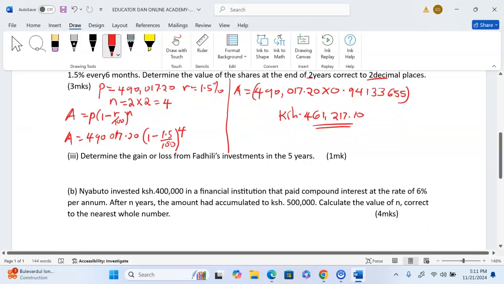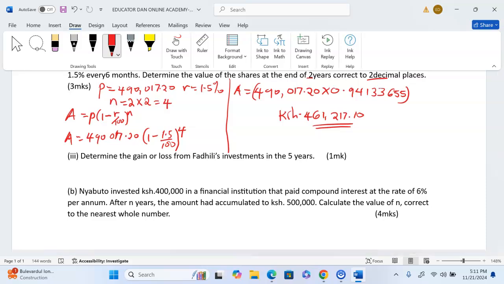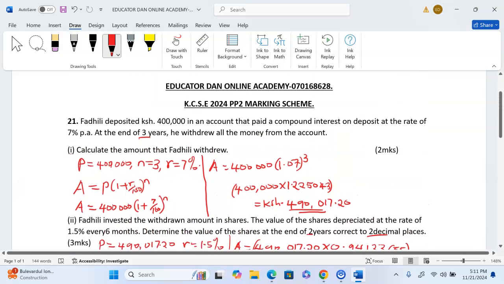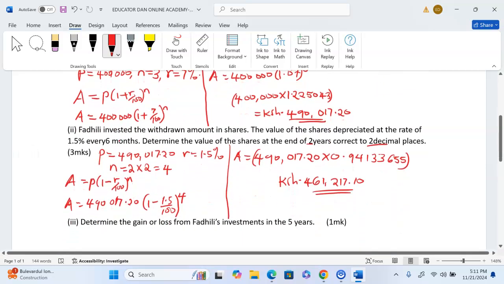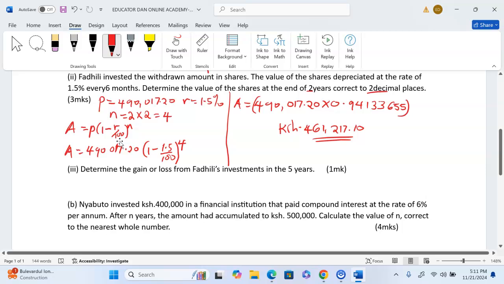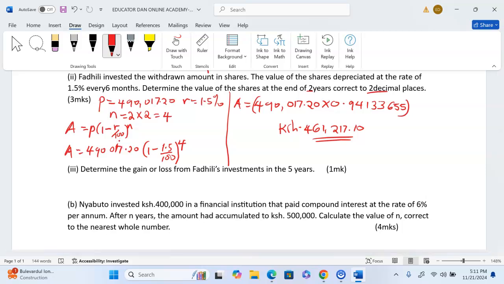We move to Roman 3. Determine the gain or loss from Fatili's investment in 5 years. Remember, 5 years comes from the first part being 3 years and the second part being 2 years, making it 5. So the amount that this person started with, the principal, was 400,000, and so far the amount we have is 461,217.10.